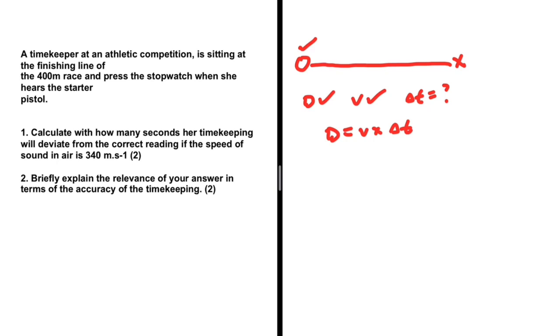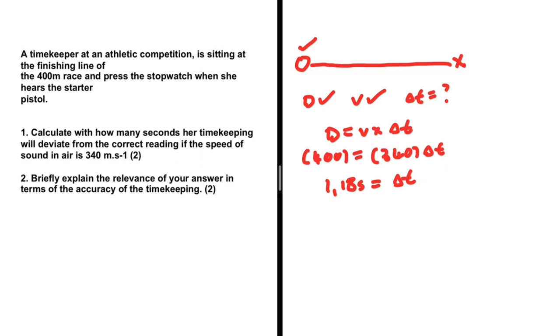But anyway, let's just go ahead and substitute. The distance 400 meters, the velocity 340 meters per second, and we're interested in the time. Now it's just a matter of dividing both sides by 340 meters per second, and we get 1.18 seconds.